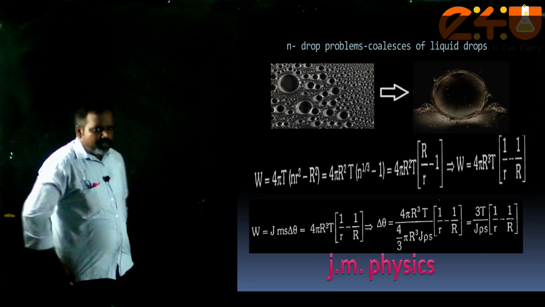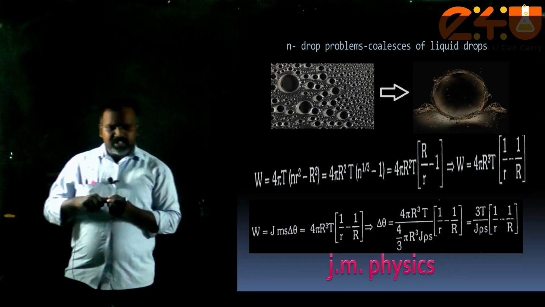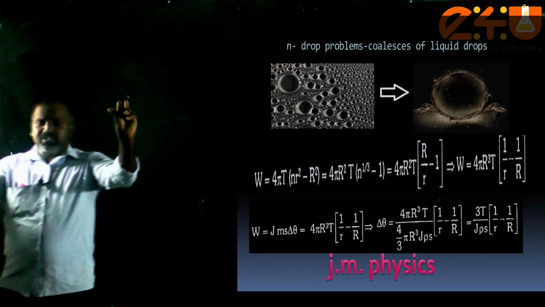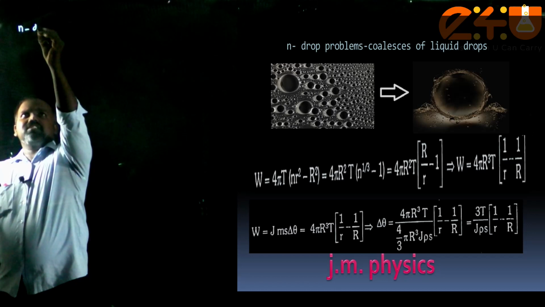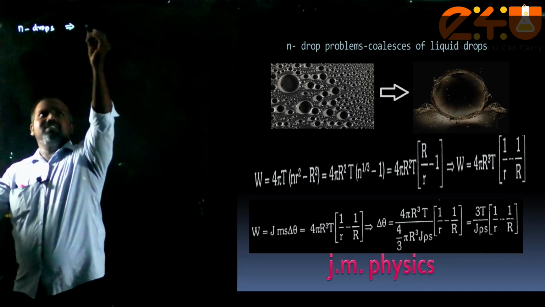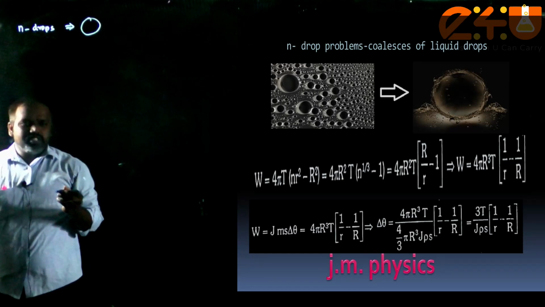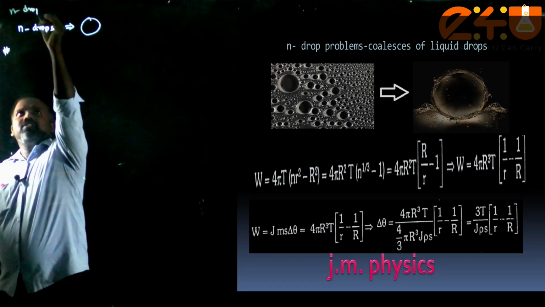See the n-drops problem. Now in this case, what we have to consider is that the volume remains constant. That is the first point. Whenever n identical small drops are joined together to form a single larger drop, this is the n-drops problem.